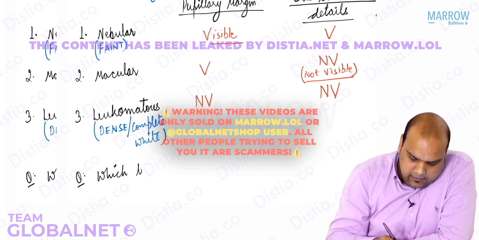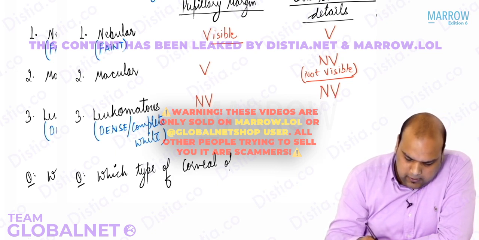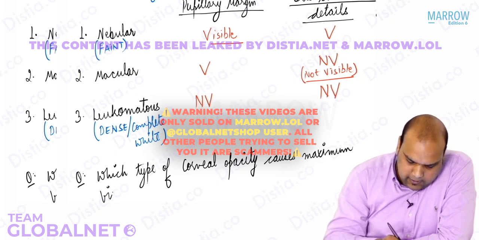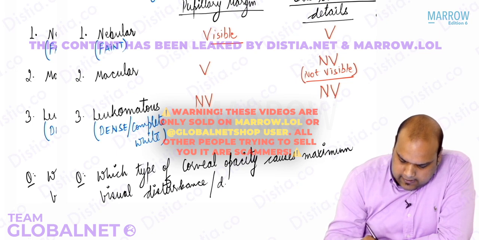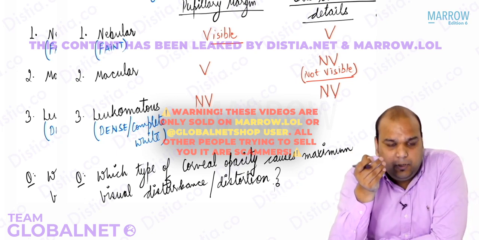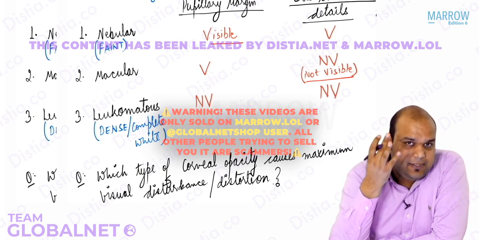Which type of corneal opacity causes maximum visual disturbance, or I can say distortion? Which type of corneal opacity out of the three, nebular, macular, leukomatous, causes the maximum visual distortion or disturbance?